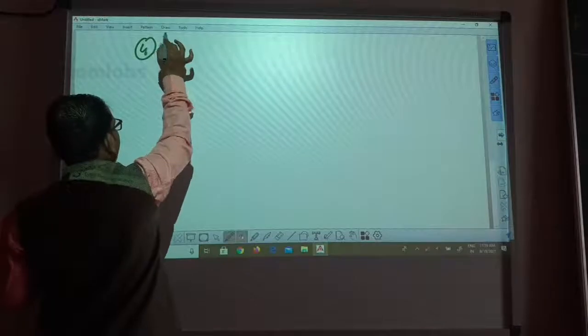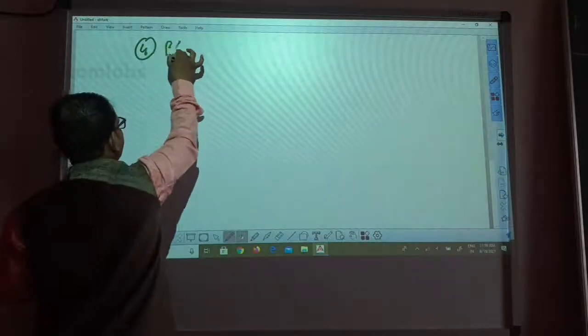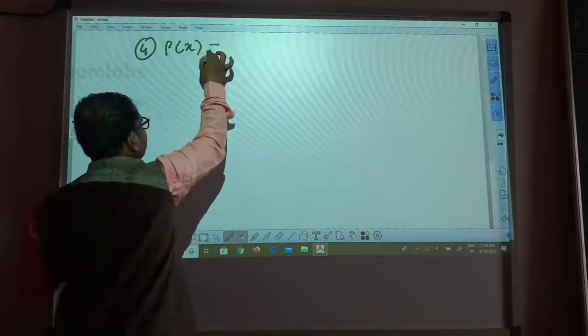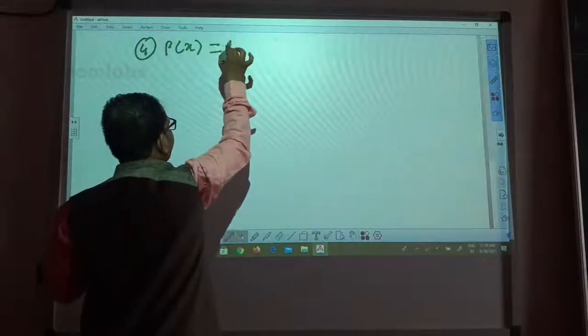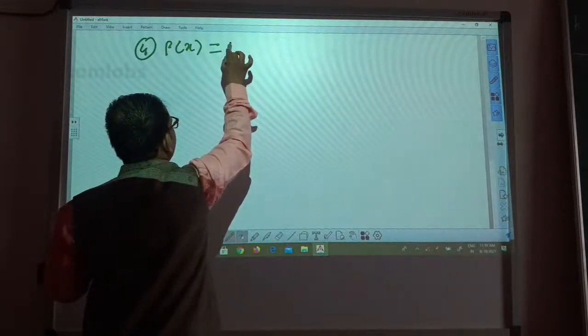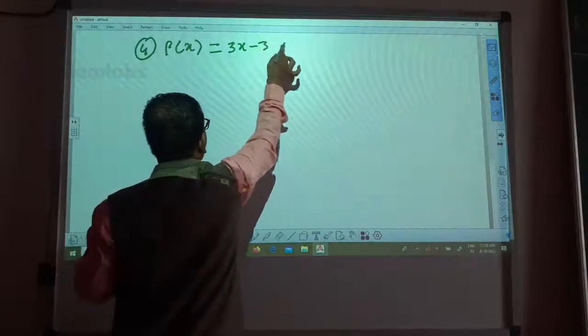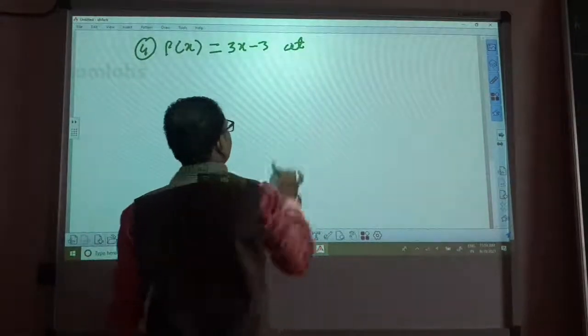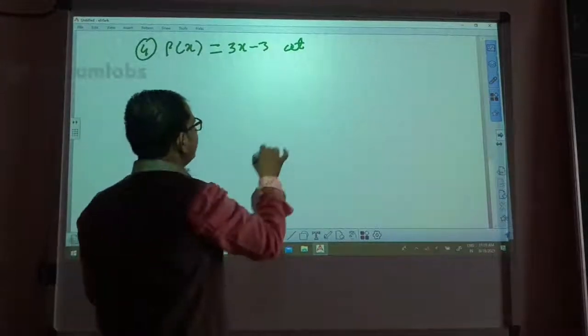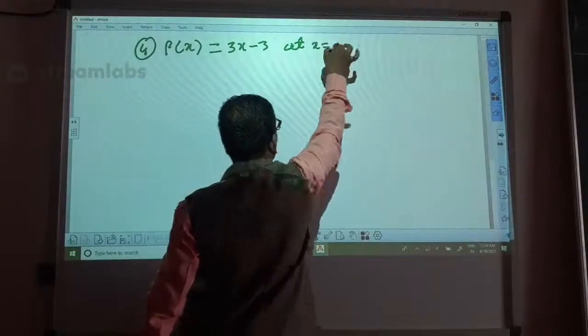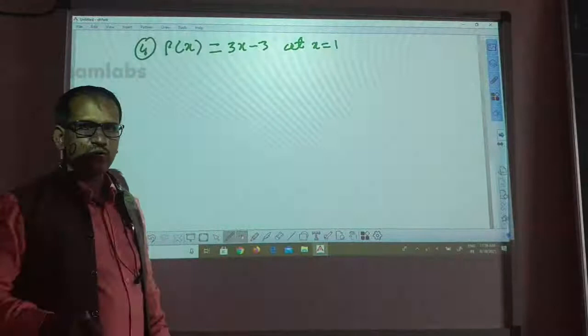I am writing this polynomial: P of x is equal to 3x minus 3. You just find the value at x is equal to 1.